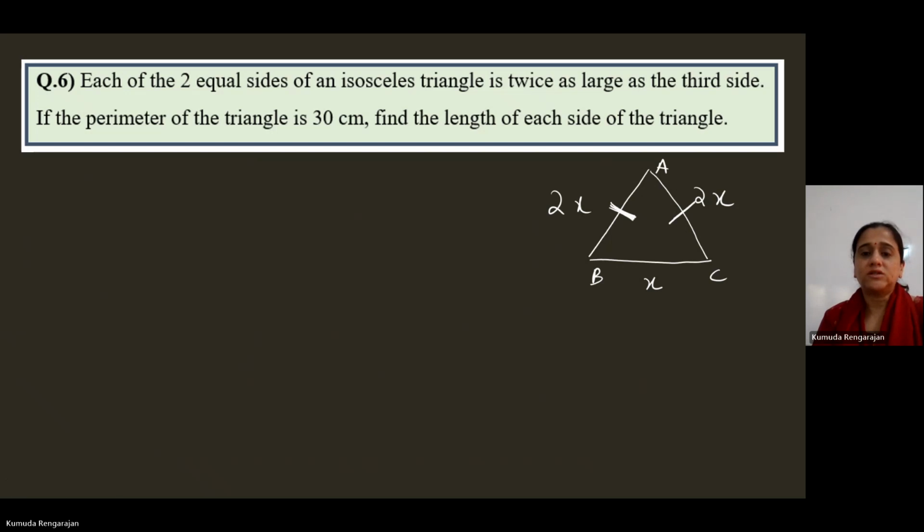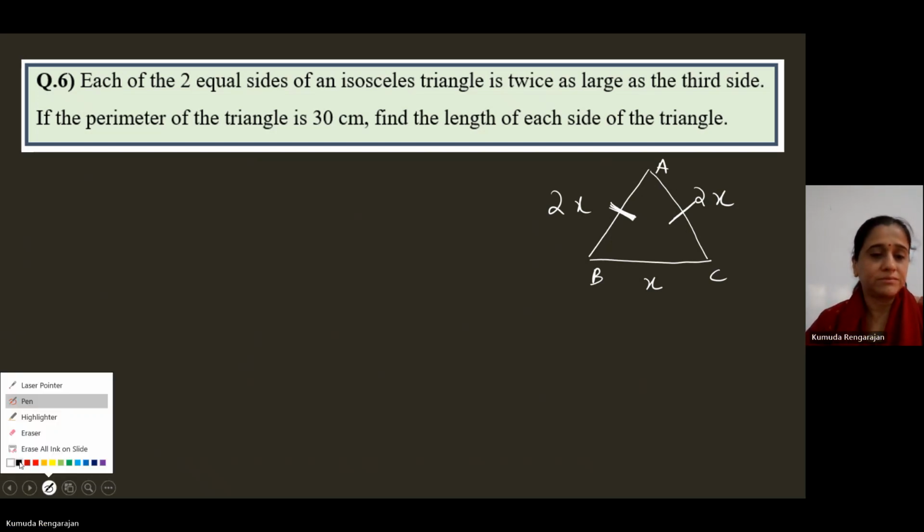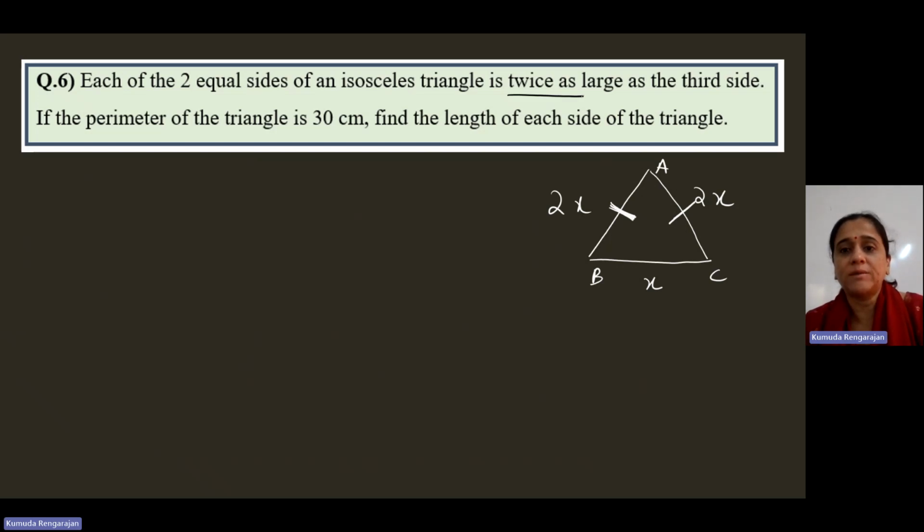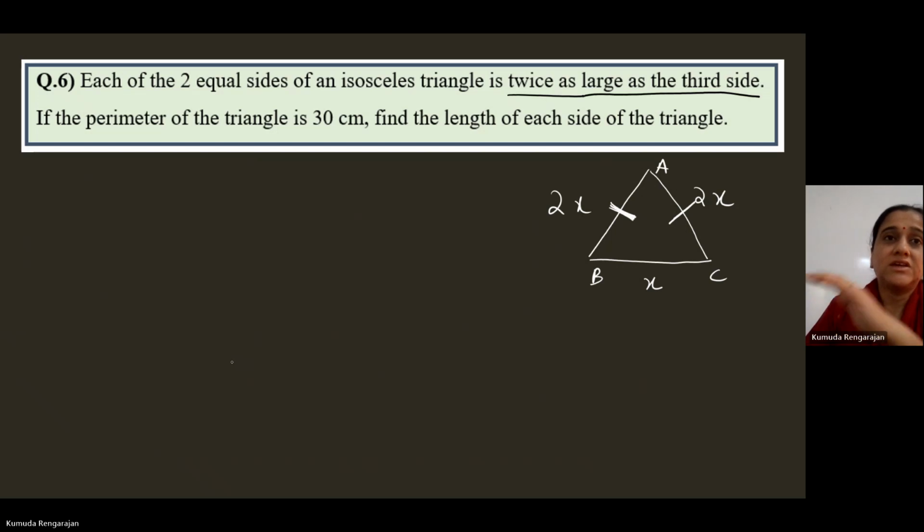Twice, or 2 times what? 2 times the third side is equal to each of the equal sides.